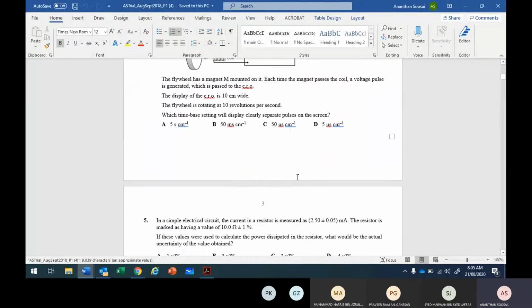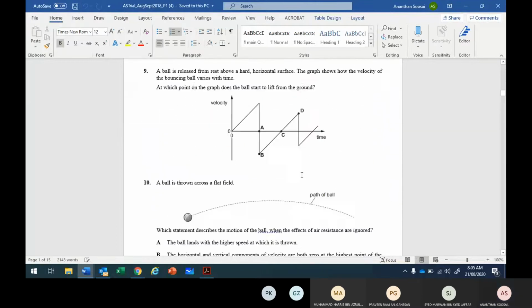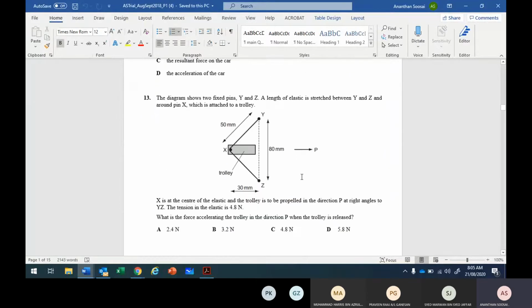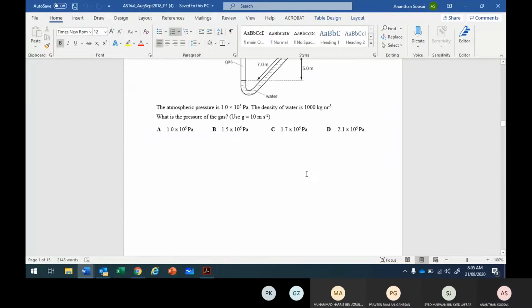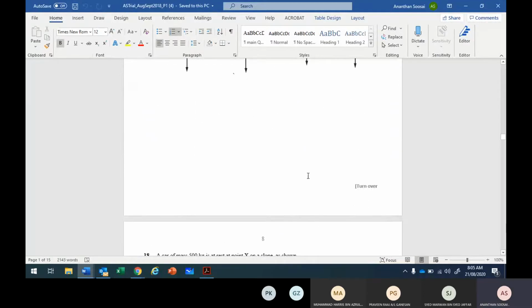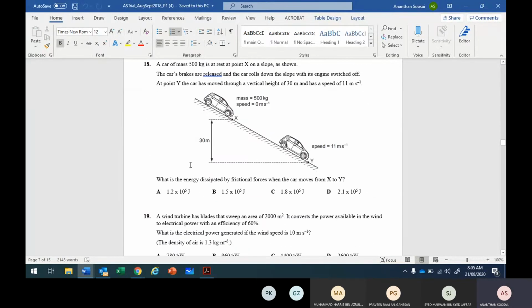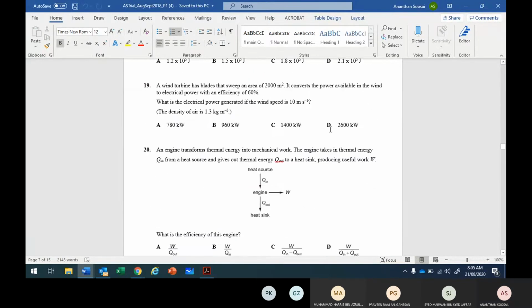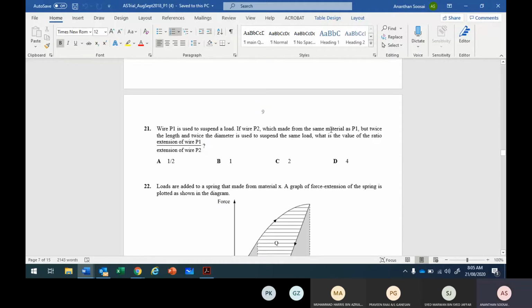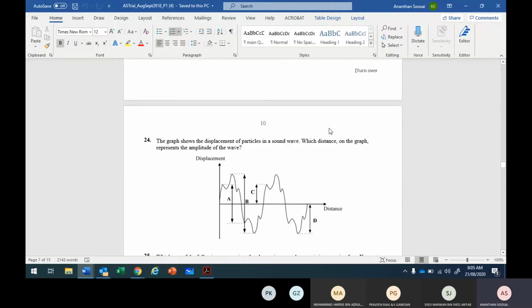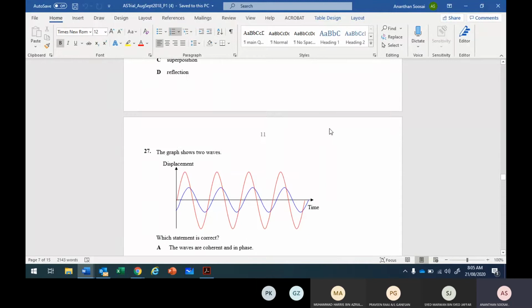Yeah, this one we've done. Any question from this paper? Do you still have any questions? I think we've done this the day. Have any other questions from this paper?